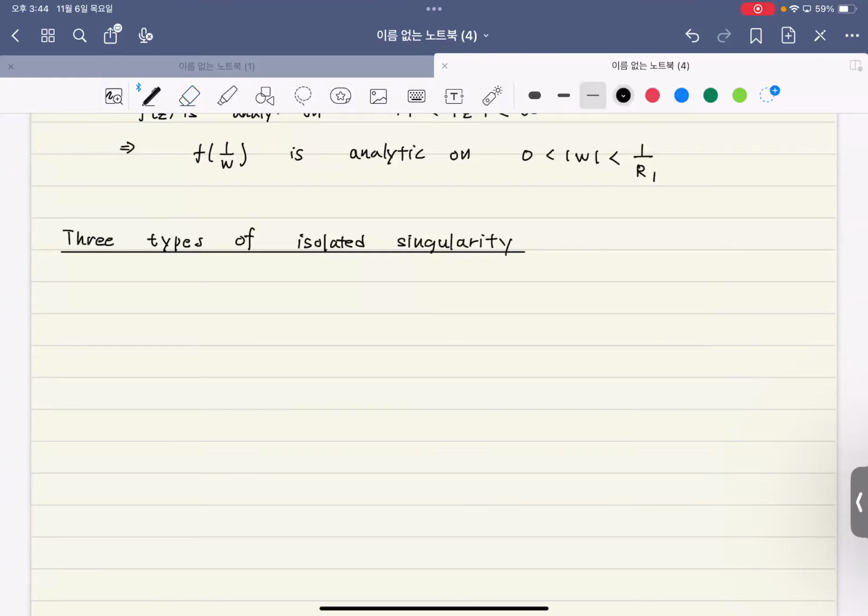Suppose I have a function f, and say this guy has an isolated singularity at point z0.